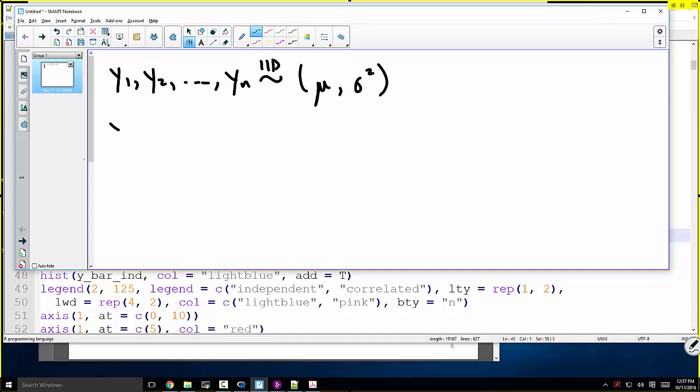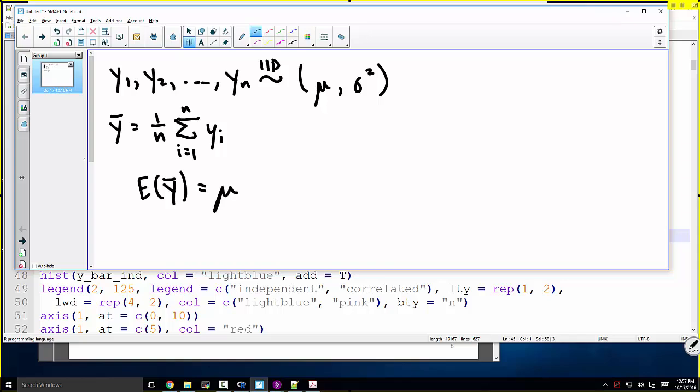y bar is the sample average, the sum over i equals 1 to 100, of y_i divided by n. And our usual results about the sample mean are that, number one, it's unbiased.